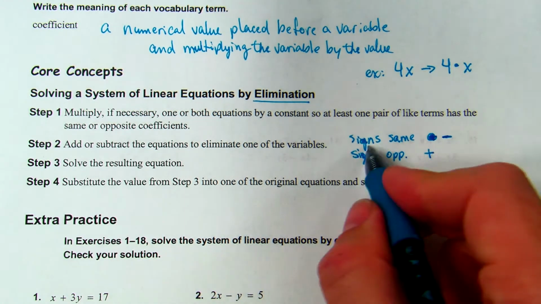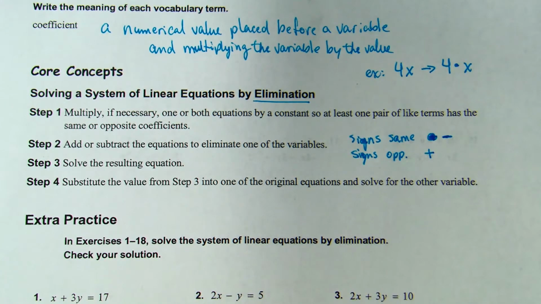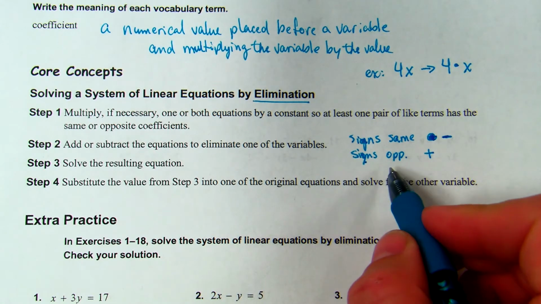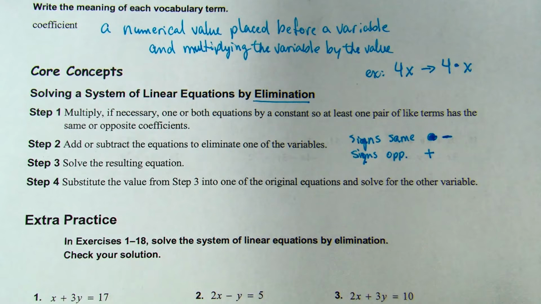So there we go. If the signs are the same, if I've got 4x and 4x, and I'm trying to get rid of one of those 4x's, I need to subtract one of the 4x's from the other one. So if they're both positive, then I need to subtract. Or if they're both negative, I'll need to subtract. If they're negative 4x and a positive 4x, then I'll need to just add those together and they'll go away.